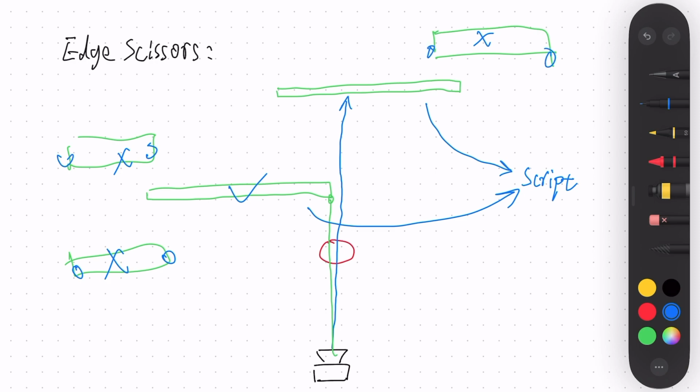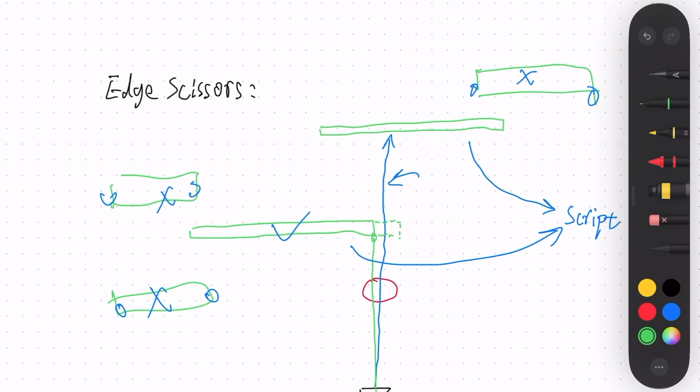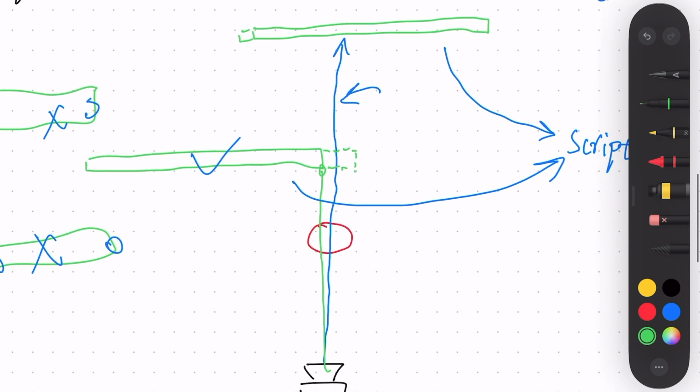So that's not efficient. The current solution is that we still use the ray shot out from the camera, but we extend the collider for every wall. It doesn't cost too much, right? So every wall has an invisible collider.